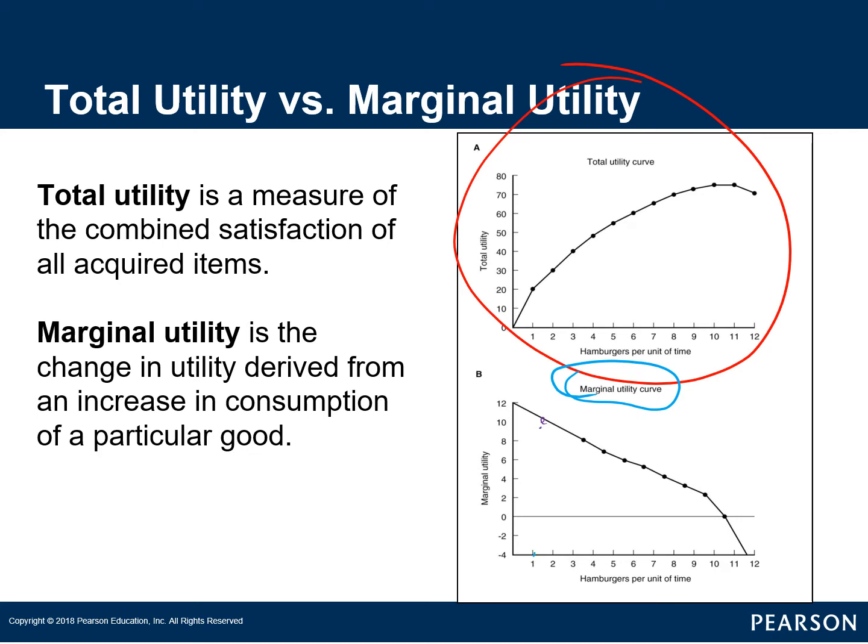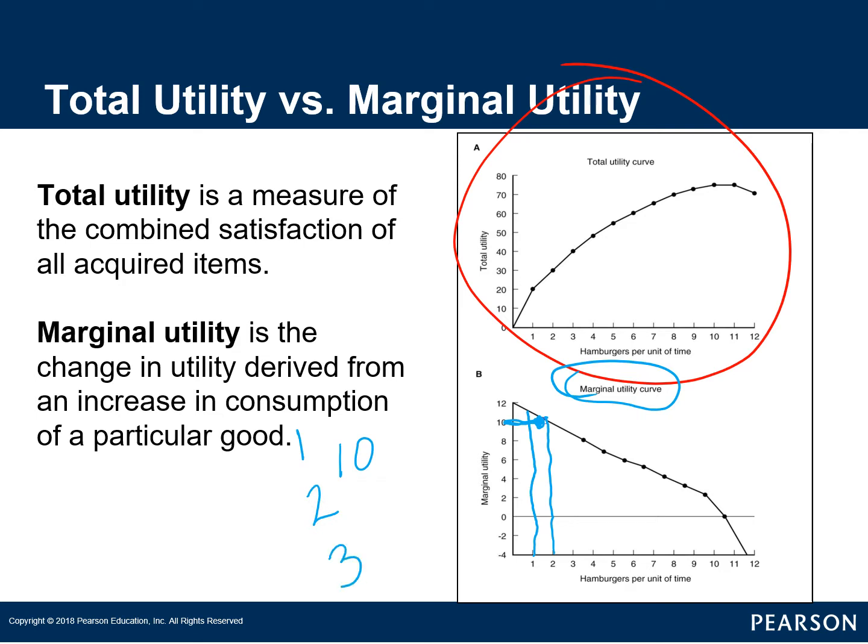So when we move from 1 to 2, we gain, our marginal utility is 10, moving from 1 hamburger to 2 hamburgers.